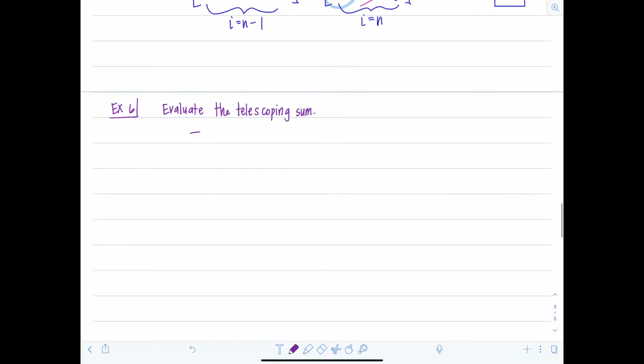So here we have the sum, i equals 3 to 99, of 1 over i minus 1 over i plus 1. So in this case, my upper limit is 99, it's not n, but we're going to set up the problem in the same way.